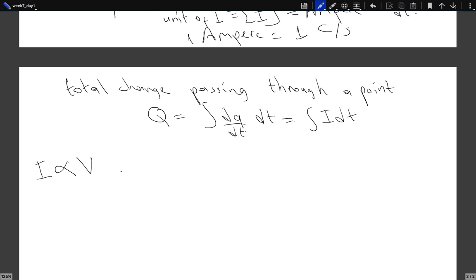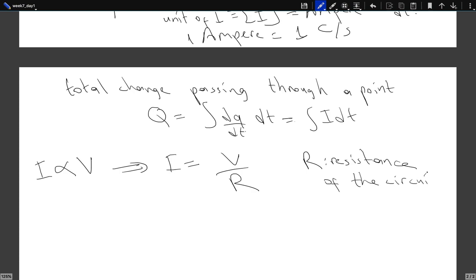And usually we define that proportionality constant as 1 over R, R being the resistance. Every circuit has some resistance, small or large.